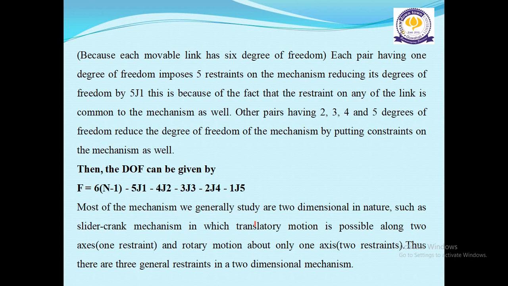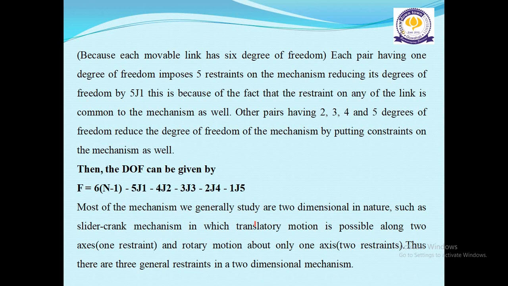Other pairs having 2, 3, 4 and 5 degrees of freedom reduce the degrees of freedom of the mechanism by putting constraints on it as well. So the degree of freedom can be given by F is equal to 6 into (N minus 1) minus 5j1 minus 4j2 minus 3j3 minus 2j4 minus 1j5.